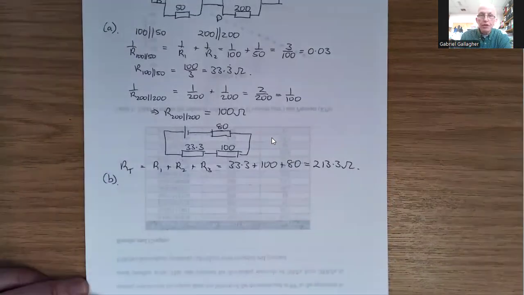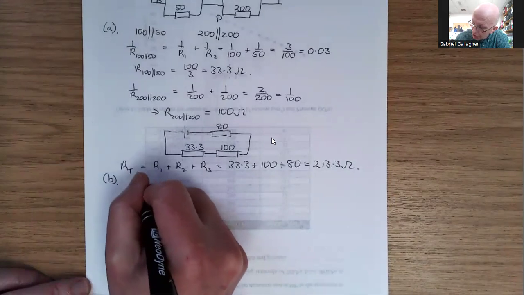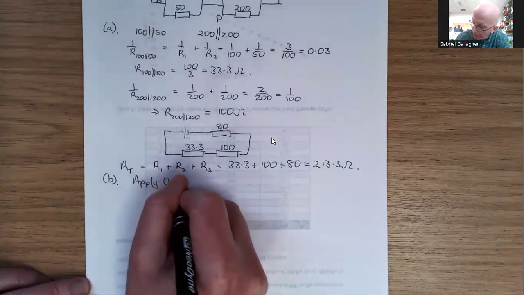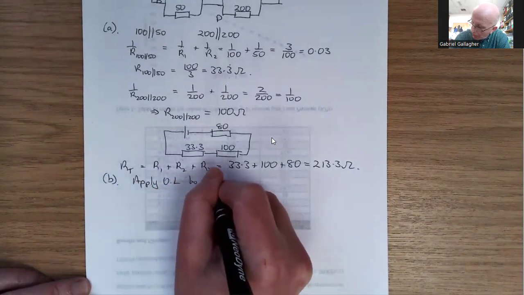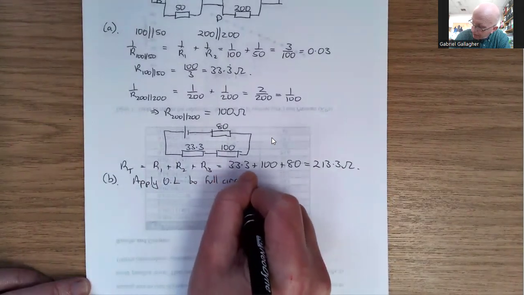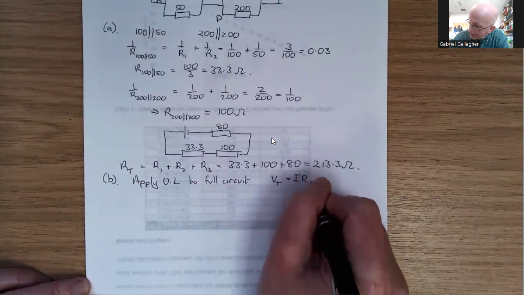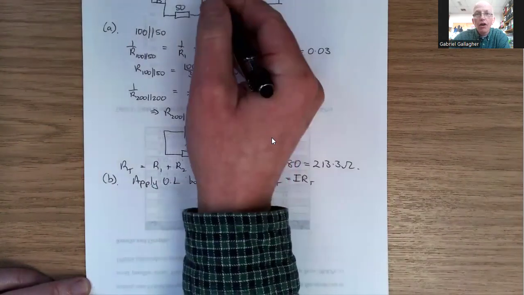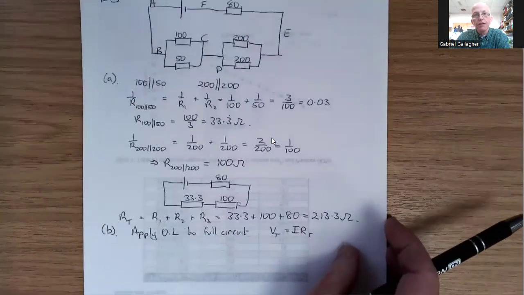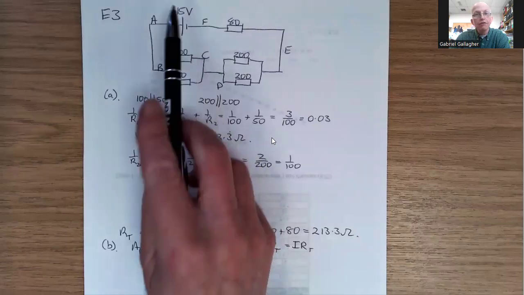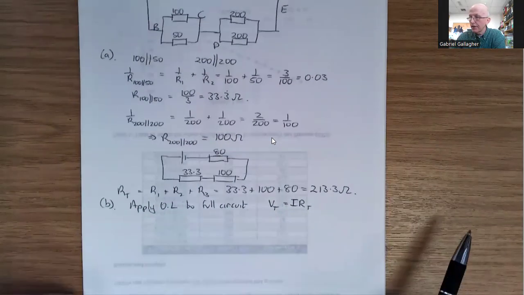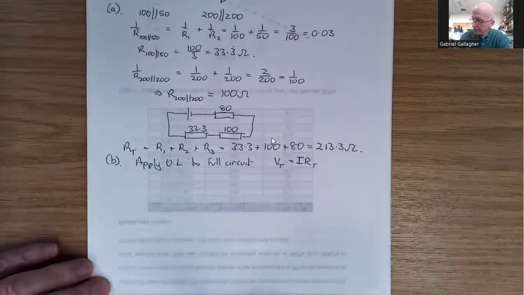Part B, always the same. What is the current at the battery? Apply Ohm's law to the whole circuit. VT equals I RT, and VT is the 15 volts that we had in the original circuit.